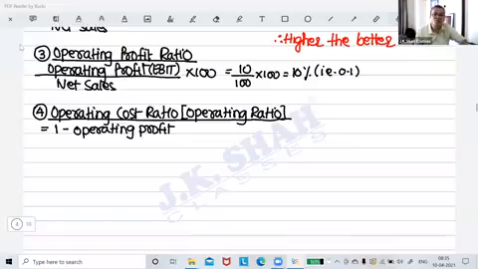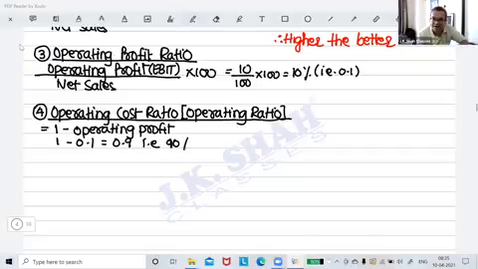So in that case, 1 minus 0.1 would be 0.9. And if you want to convert it into a percentage, multiply by 100, and you get 90%.